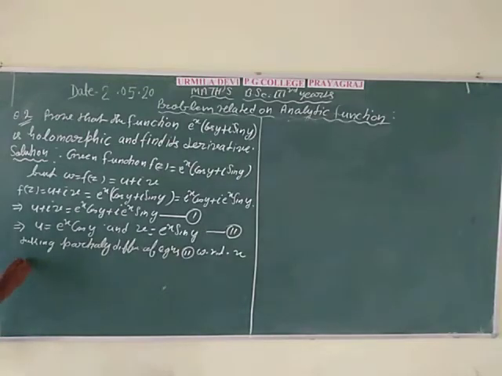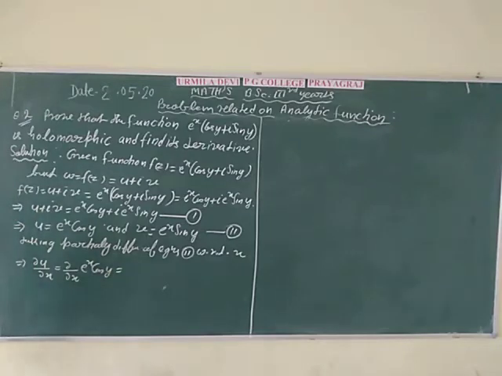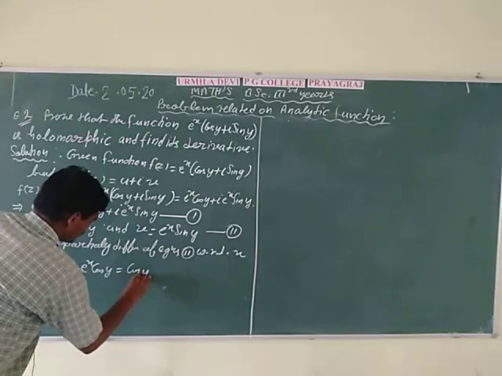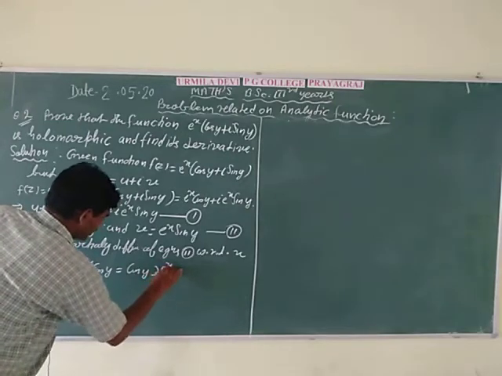So del u by del x is equal to del by del x of e to power x cos y. Here, taking the partial differentiation, cos y is taken as a constant, so it is taken outside the differentiation, giving cos y times del by del x of e to power x.